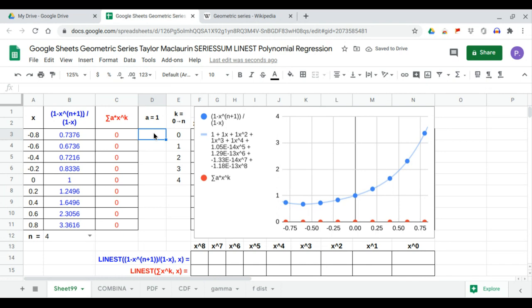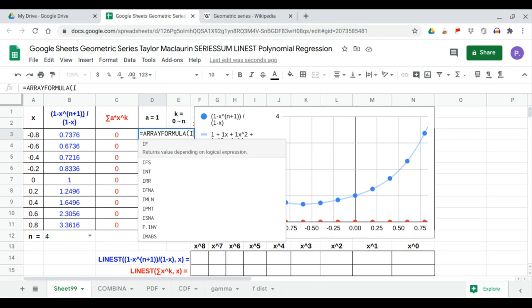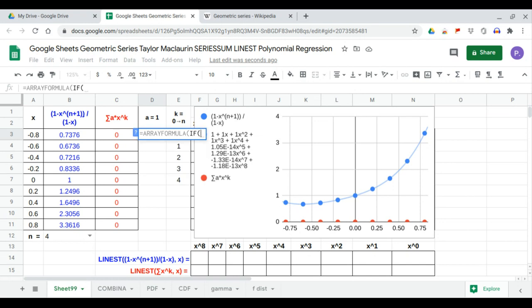This is an array formula: if k is empty, then 0, otherwise it's 1.